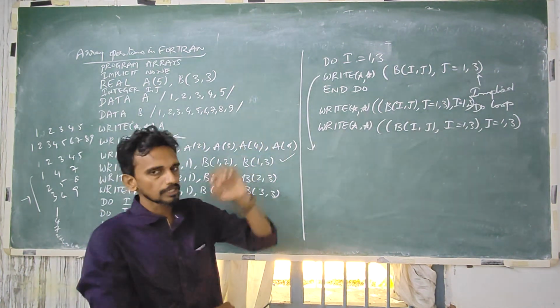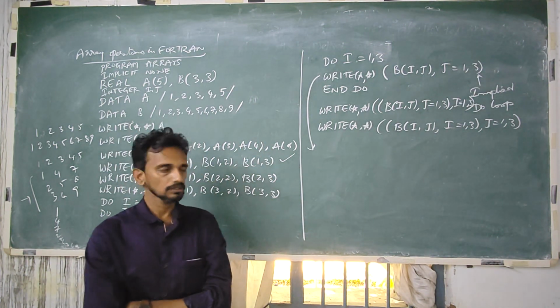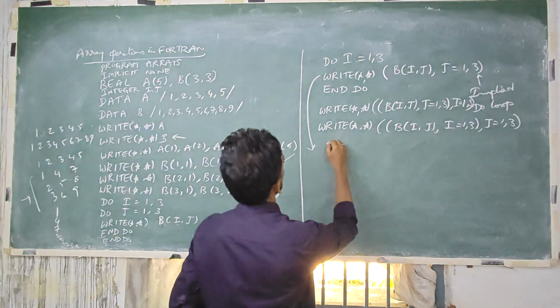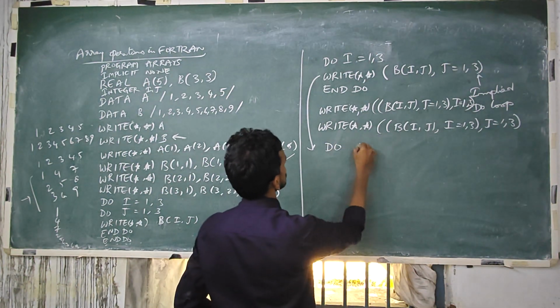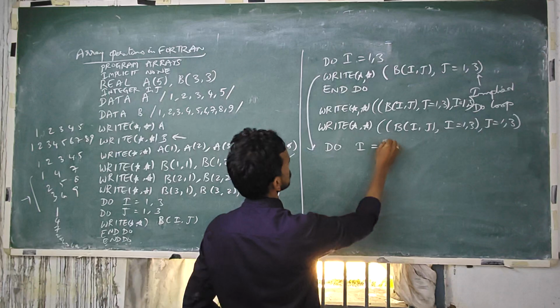So now I try to access other elements in the series. This is a 3 by 3 matrix. Still I try to access the next elements in the array. I go up to 9.